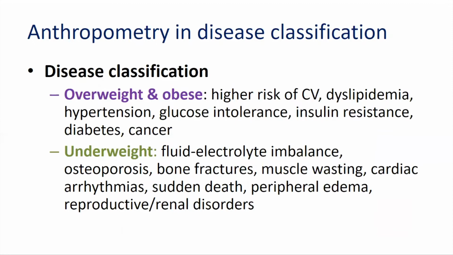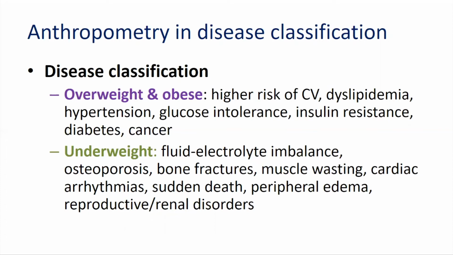Being classified as underweight is associated with fluid electrolyte imbalances, osteoporosis, and bone fractures, because remember, the way we build bone is by adding stress to that bone, and having a body weight that supports weight-bearing activities that stress the bone is going to increase bone mass density.